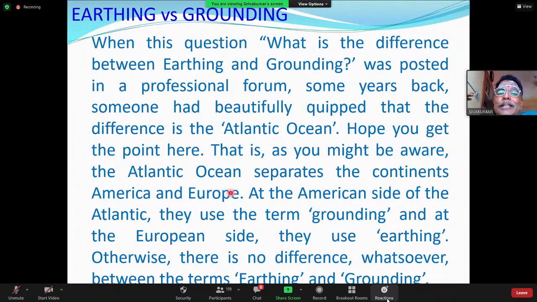When this question was posted in a professional forum some years back, someone beautifully quipped that the difference is the Atlantic Ocean. On the American side they use the term grounding, and on the European side they use earthing. Otherwise, there is no difference whatsoever between the terms earthing and grounding.